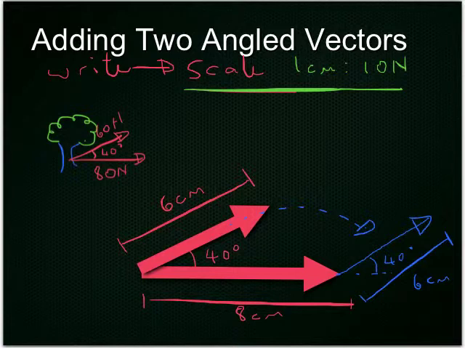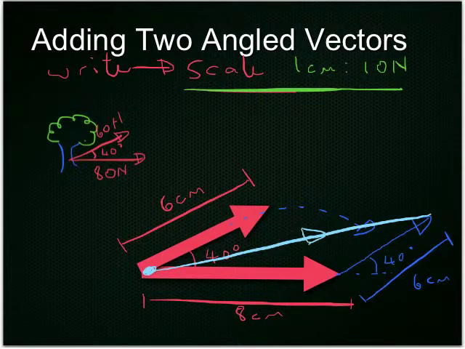Okay, and then what do you do? Well, hopefully you know that you must now put a resultant vector from the first tail to the final head. There's our resultant. Now how do you find the answer?